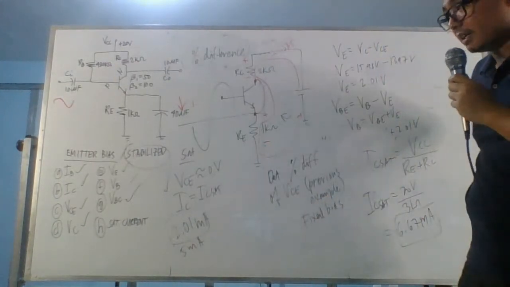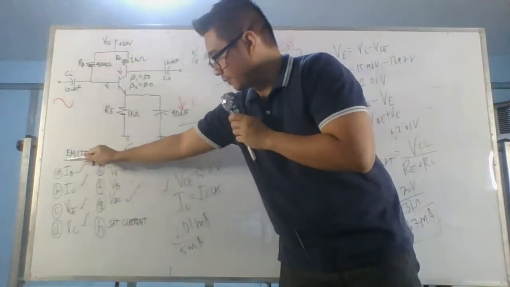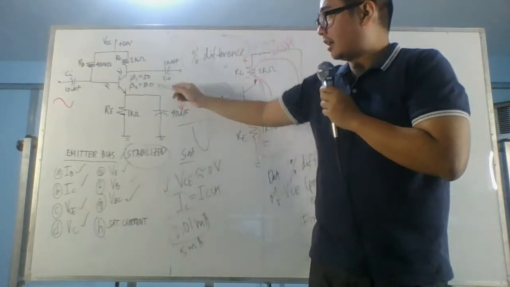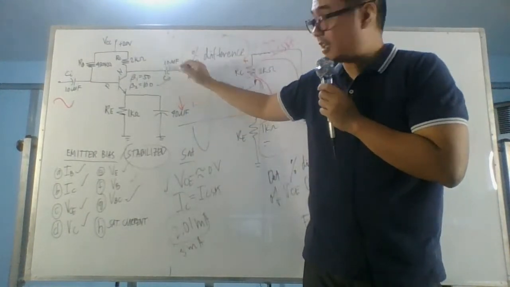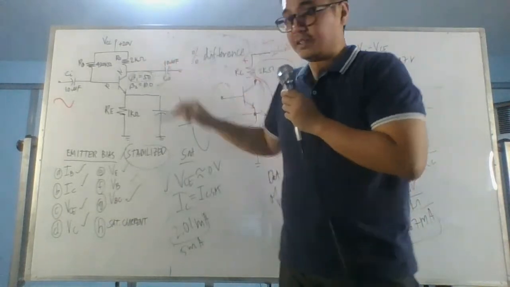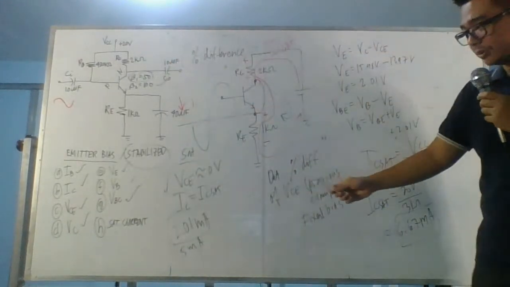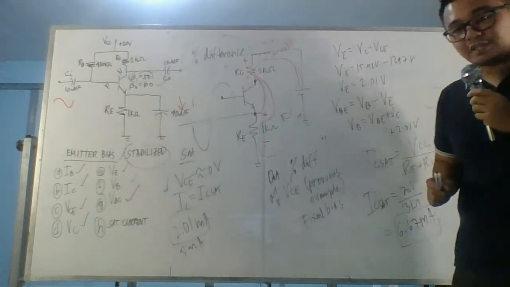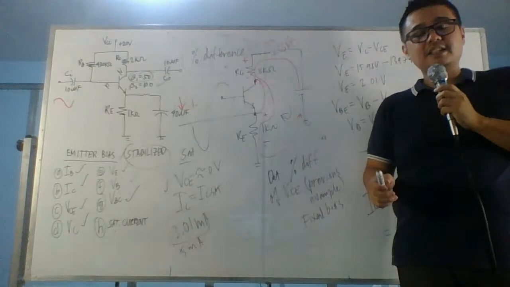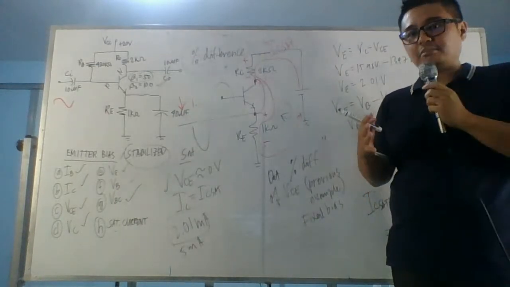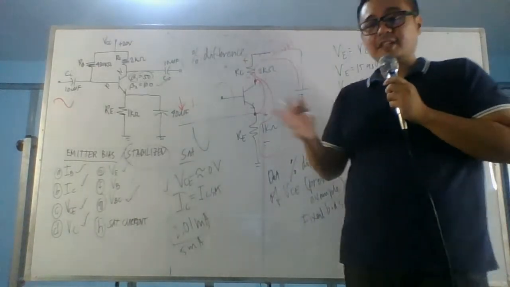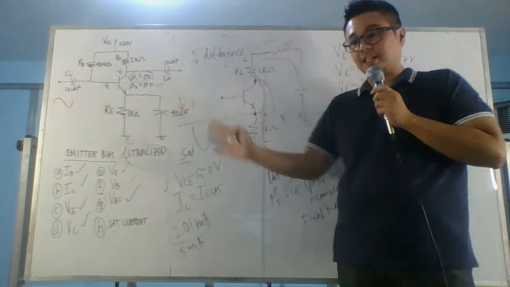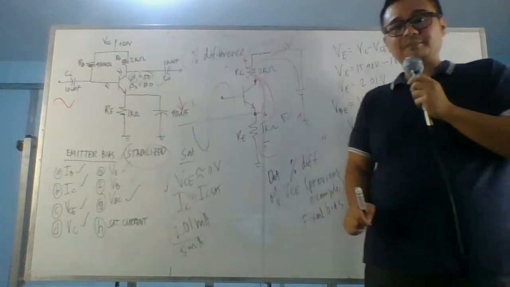Okay, so yan yung magiging assignment ninyo. Unang assignment, solve for A to H and the percent difference kapag ang beta ay 100, kanina ang sinolve natin yung 50. Okay? And number 2, determine the percent difference of PCE from the previous example sa fixed bias natin. Now, para makita natin na mas maganda yung emitter stabilized compared sa fixed bias. Makikita natin yun sa percent difference natin.